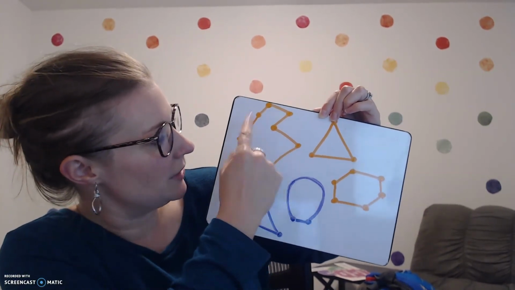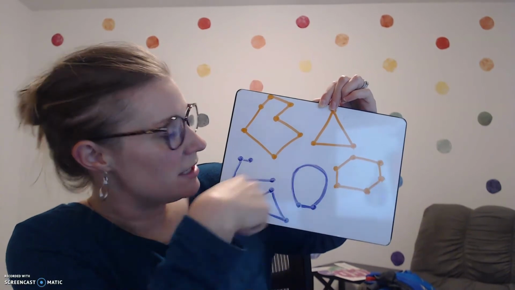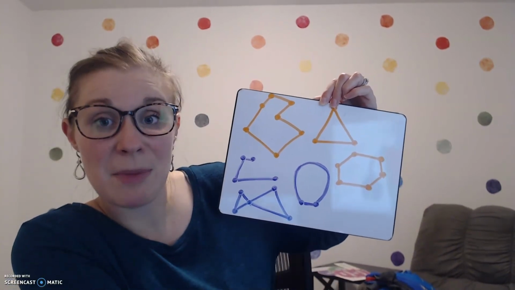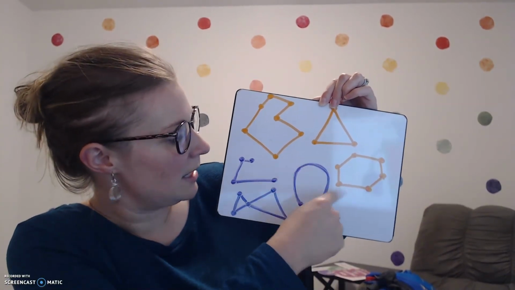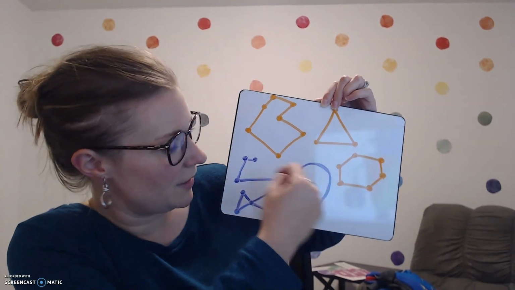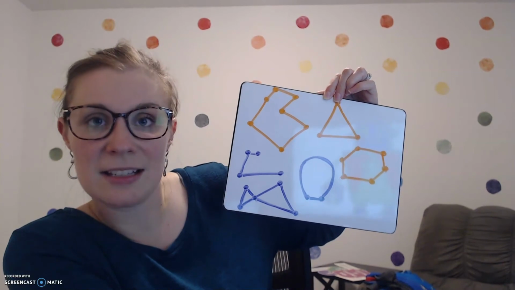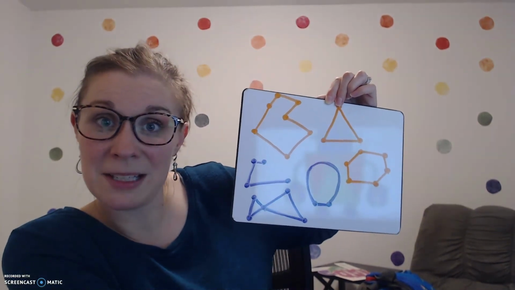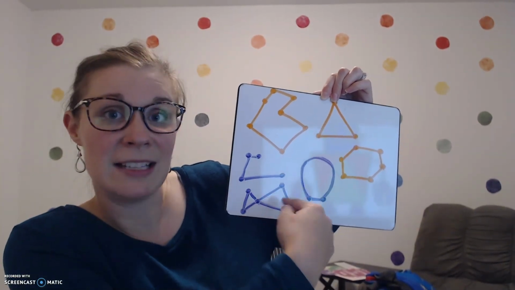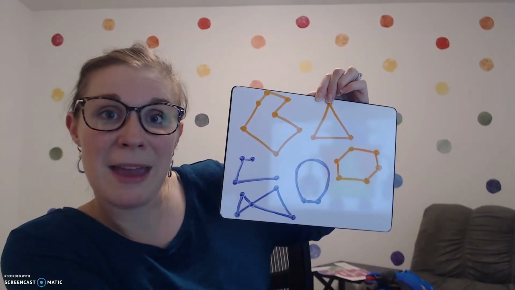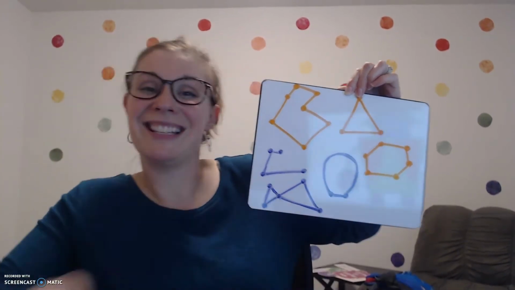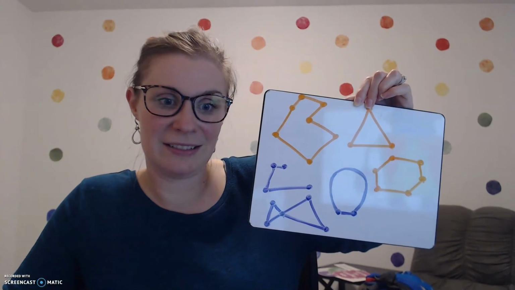So it's just a different shape. These shapes, my purple shapes, are not polygons because this is like a balloon shape and it has a curve to it. This isn't a complete shape and this has an X in it. So did you come up with something similar? Hopefully you're able to identify what makes a polygon and what does not make up a polygon.